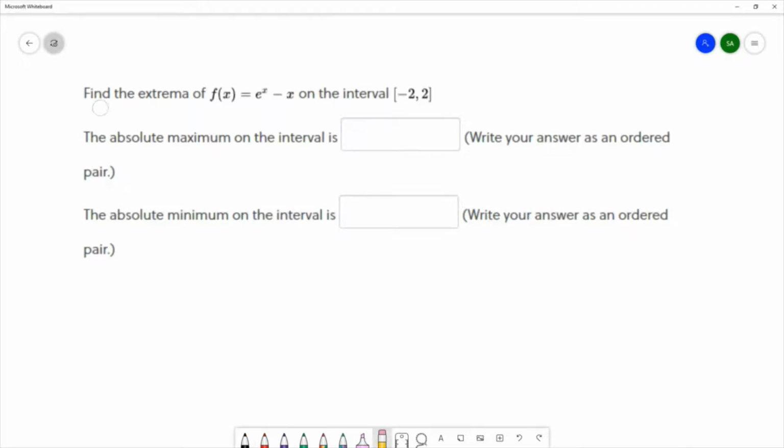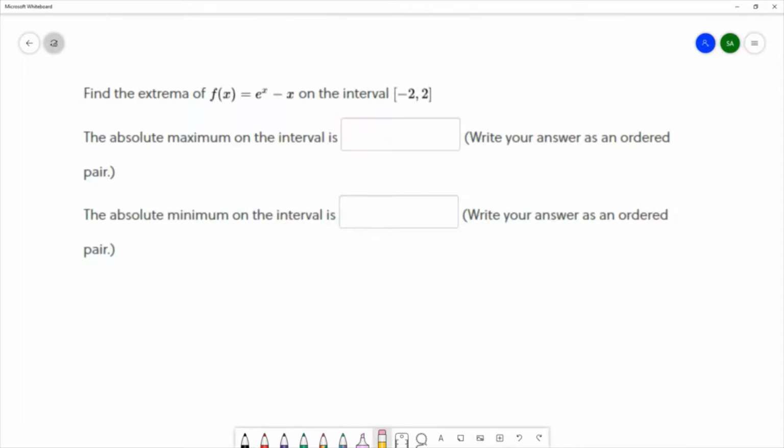On this question, we want to find the extrema of f of x equals e to the x minus x on the interval from -2 to 2. So when we're looking for extrema, we're looking for the absolute max and the absolute min on this particular interval.